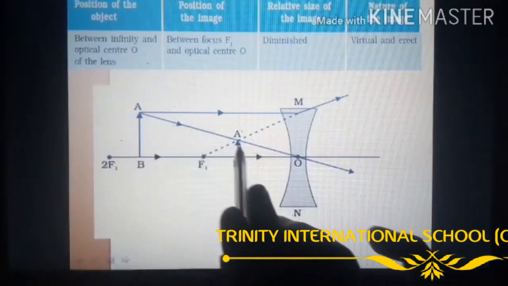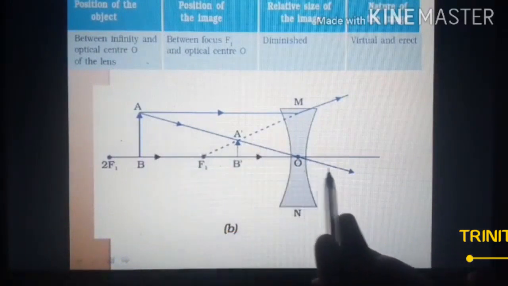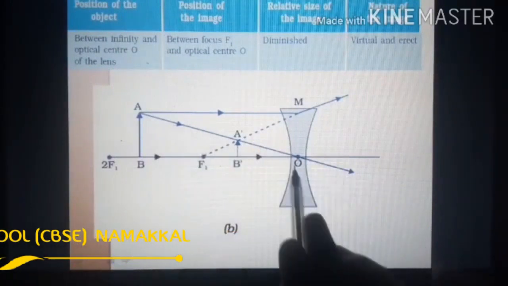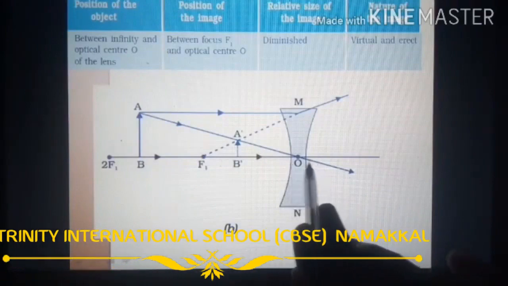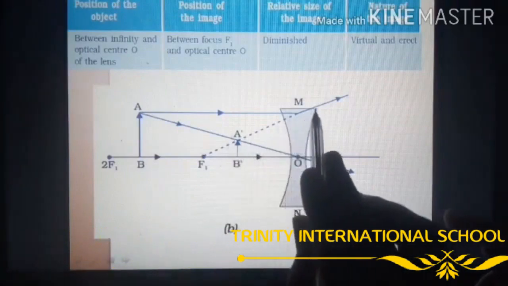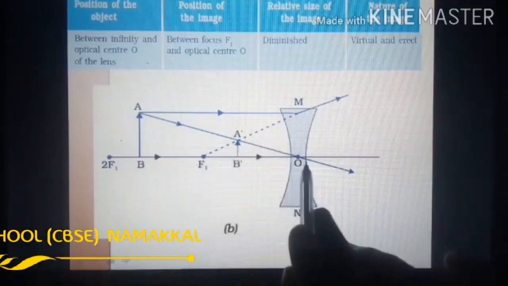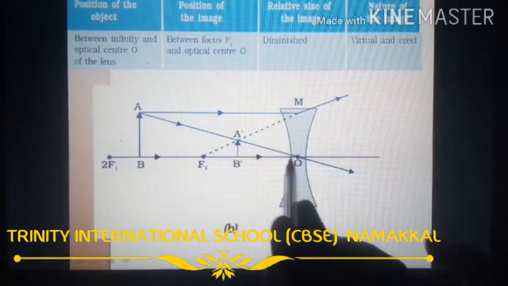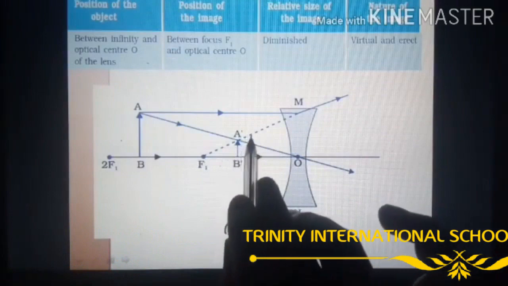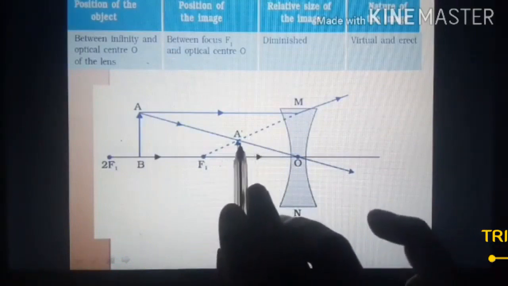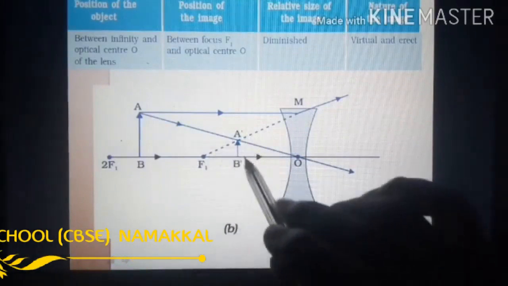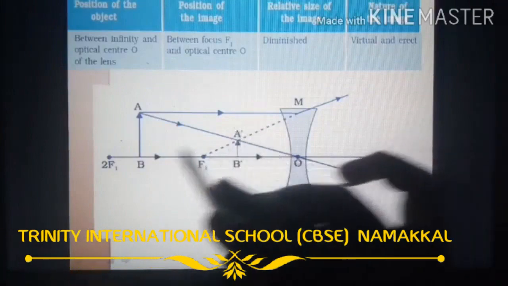This is the incident ray, and after refraction it will go in this direction. For the virtual image, we just extend in the same direction. Here the diverged ray is extended to the point F1. Likewise, if you extend this line, both extended lines will meet at the point A dash. So A dash B dash is the image of the object.